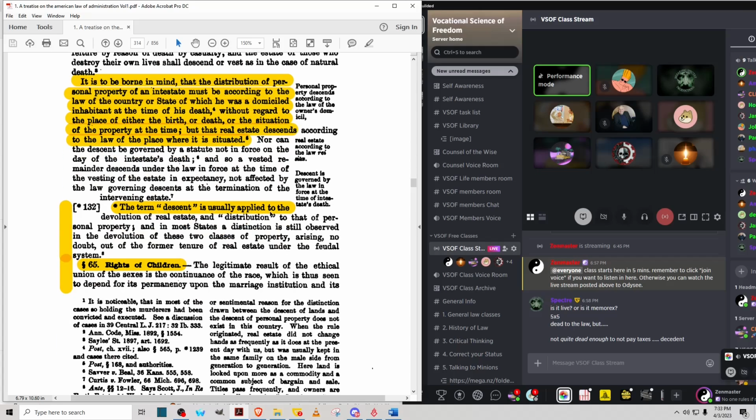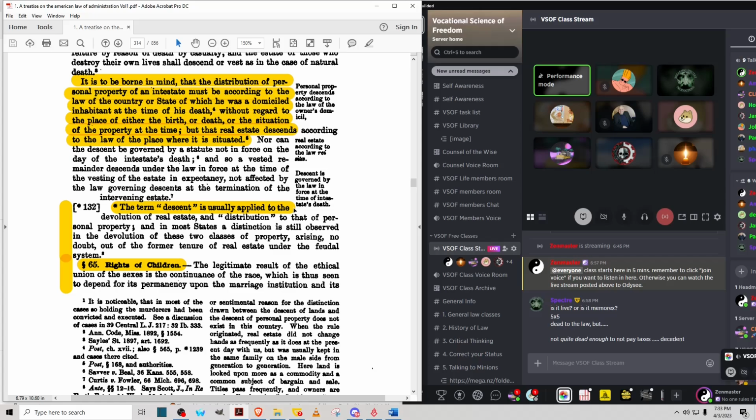So the term descent is usually applied to the devolution of real estate and distribution to that of personal property. Okay. So when we're talking about the land descents, they're talking about real estate or land. Distribution is all of your stuff. Your piano, your bed, your computer, whatever. So that's your distribution.